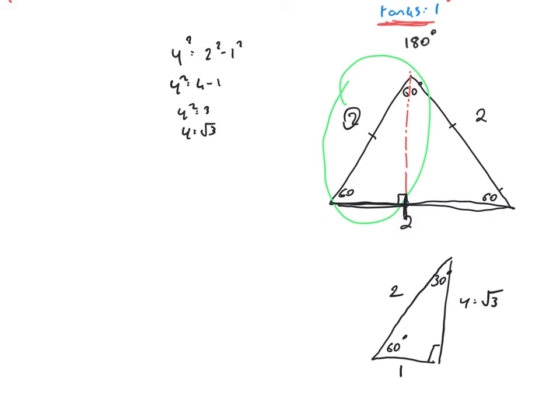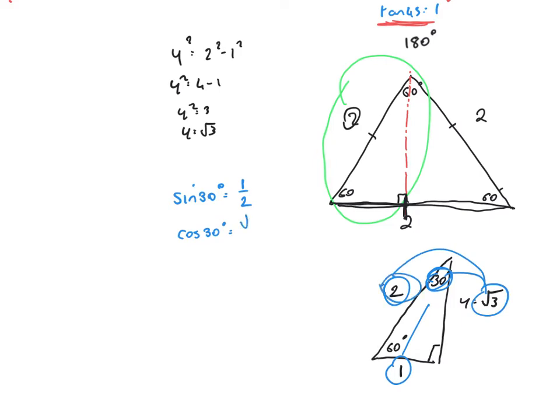Okay, so now I'm going to go after sine 30. So sine 30 is equal to opposite over hypotenuse. So there's 30 opposite over hypotenuse, 1 over 2. What about cos 30? Cos 30 is going to be adjacent over hypotenuse, root 3 over 2.